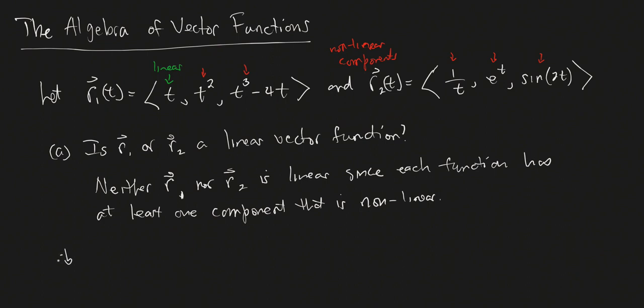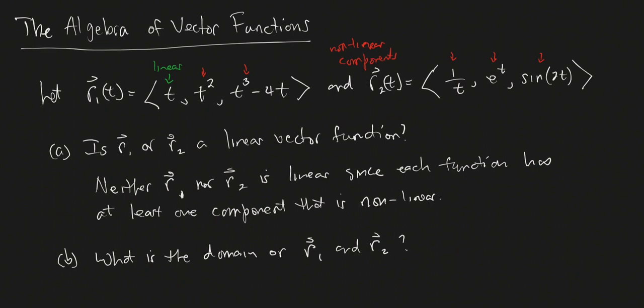Okay, so that is A. So let's now look at something like what is the domain of R1 and R2? Well, the domain of a function essentially is the set of all values, whether of x or in this case t, for which the function is well defined.